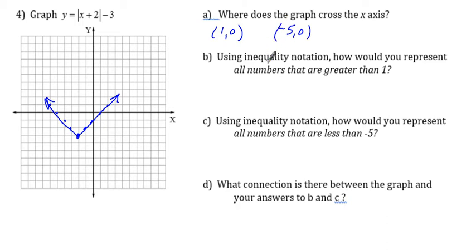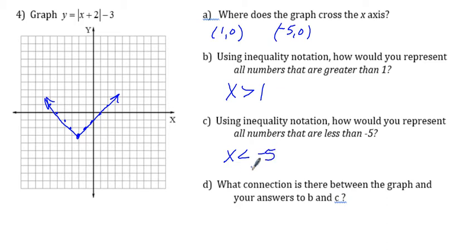Now let's think about this. Using inequality notation, how would you represent the phrase all numbers greater than 1? That would be x is greater than 1, right? And how would you write the inequality all numbers less than negative 5? You would say x is less than negative 5, right?